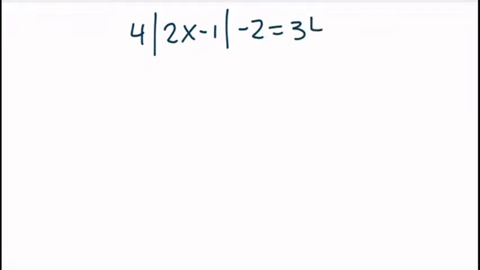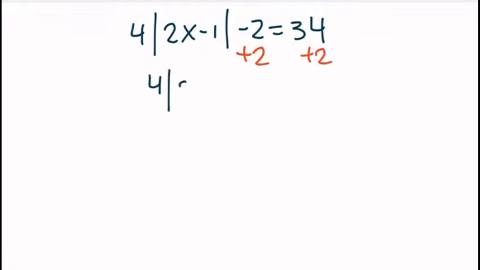Now let's try one with more than just a coefficient. So how about 4 times absolute value of 2x minus 1 absolute value minus 2 equals 34. So the first thing I would do here is add 2 on both sides to get rid of this number.